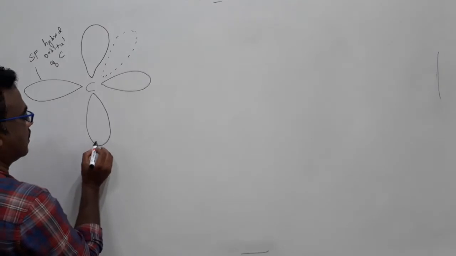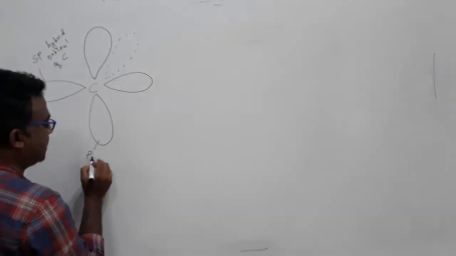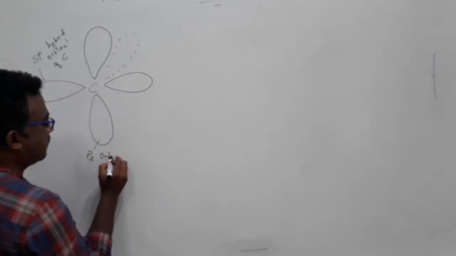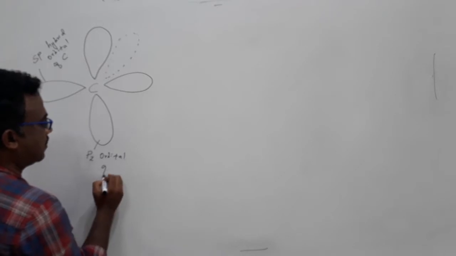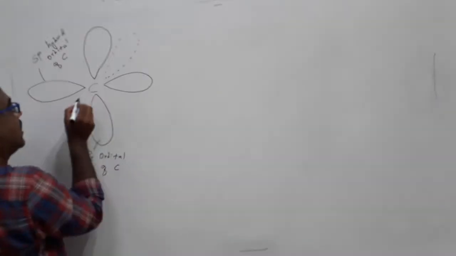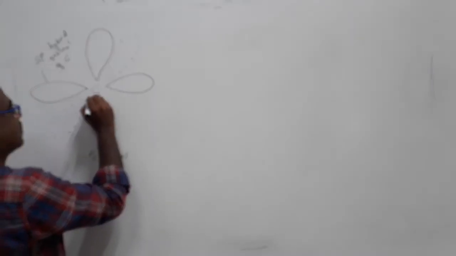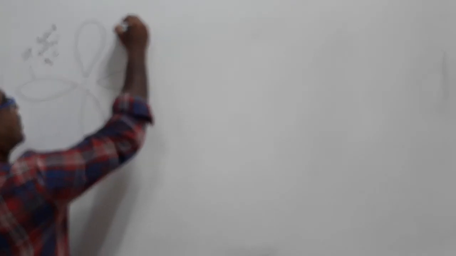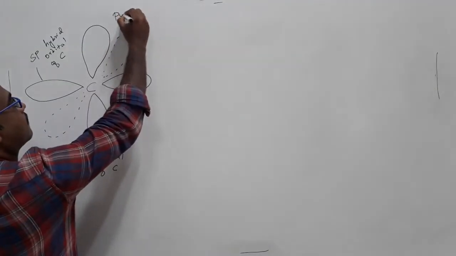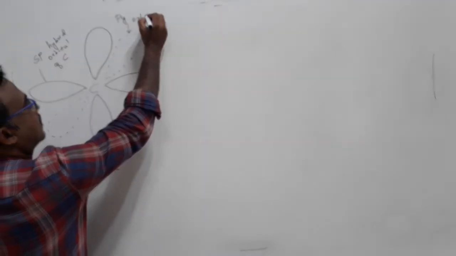This one is the pz orbital of carbon, and the dotted line is the py orbital of carbon.